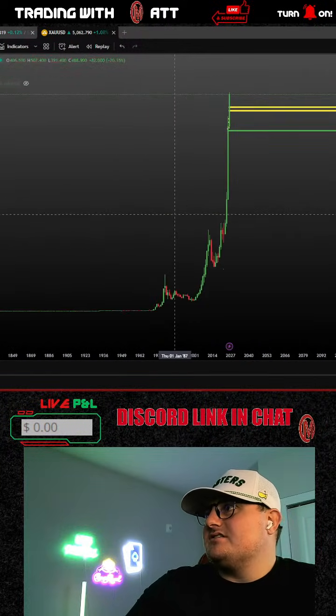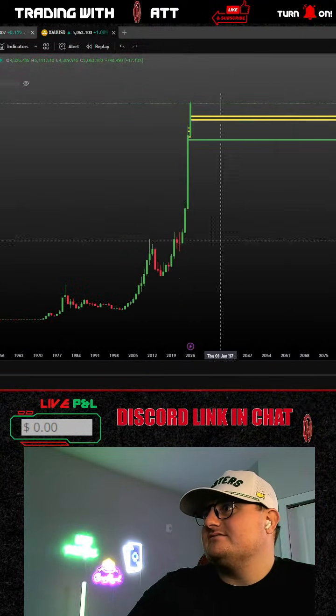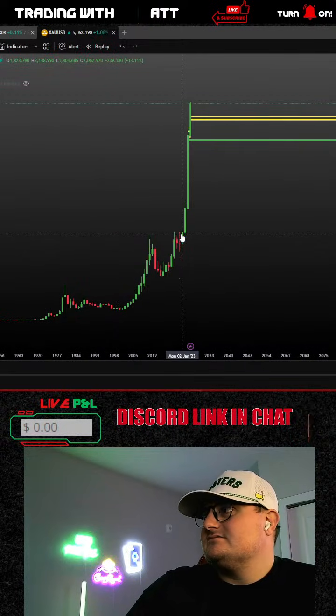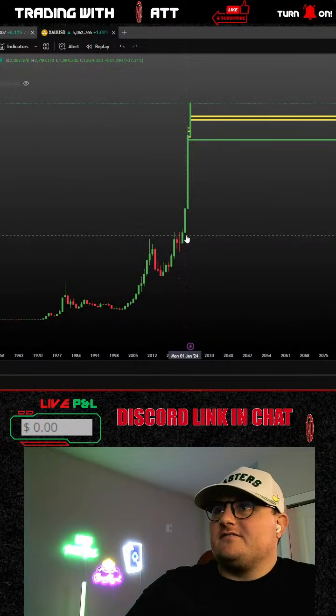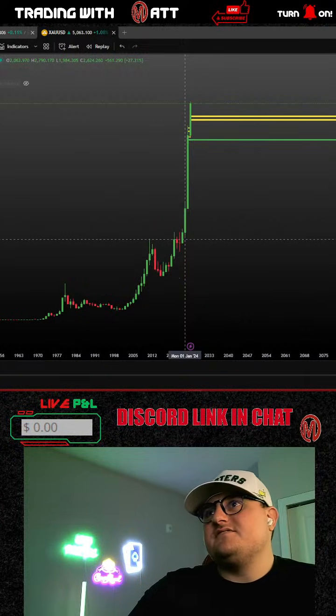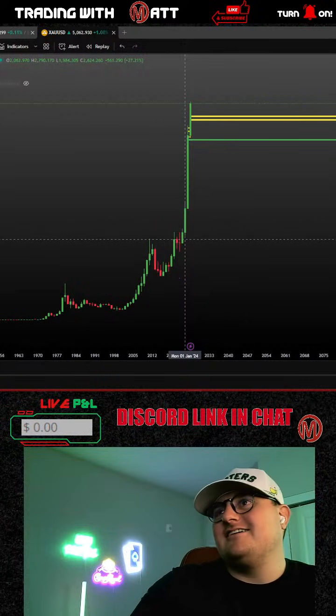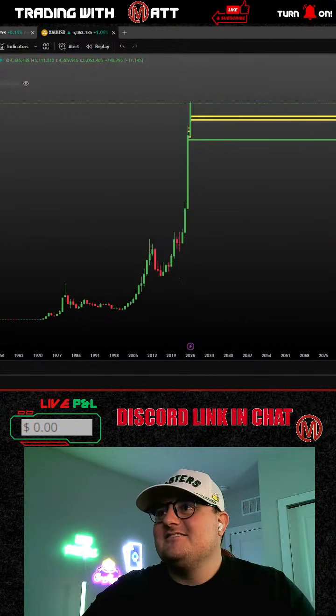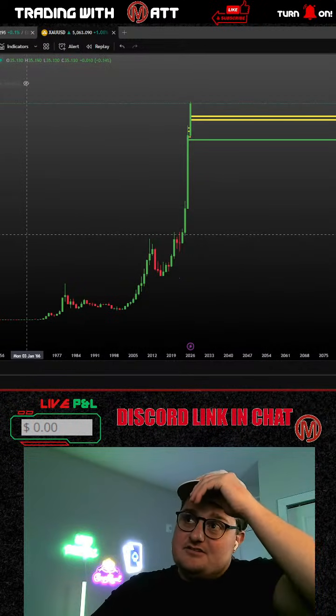Look at this gold chart. Stupid. Wish I would have bought 15 lots right about here at $2,057. Be a billionaire with this leverage.